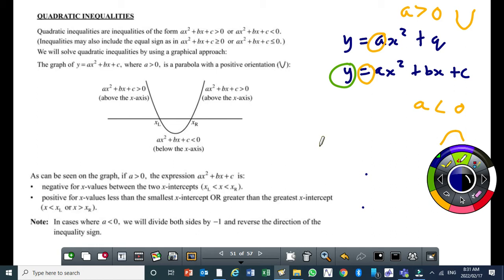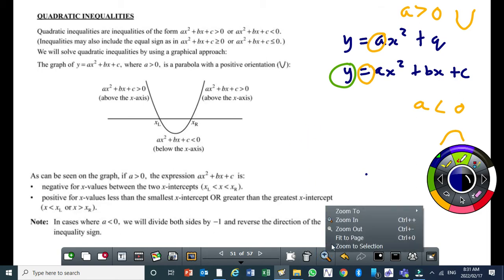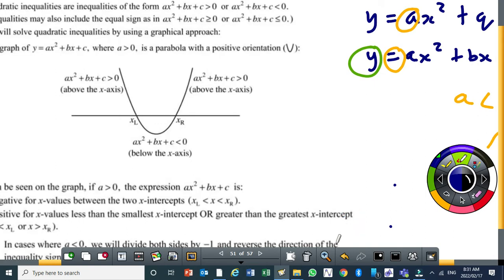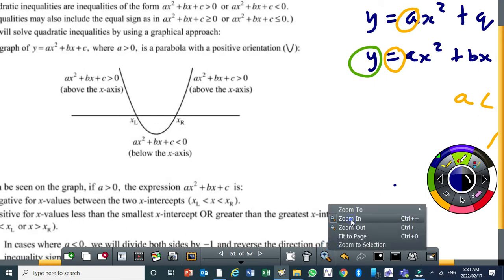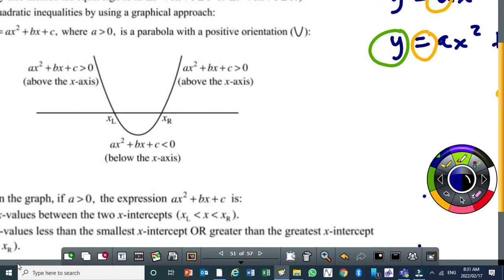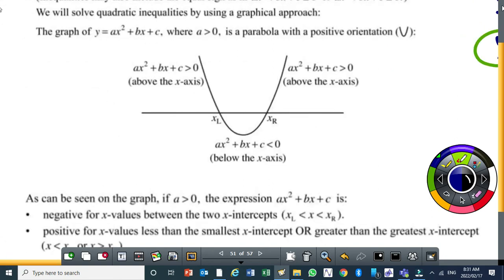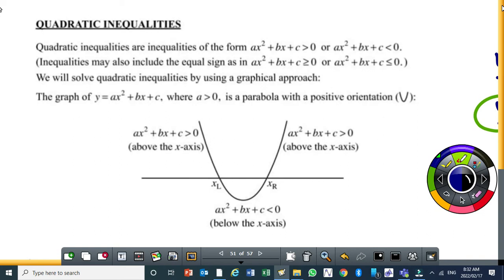Okay, give me a second. All right. Okay. Whilst you're copying this, I just need to explain what's happening with regard to this graph here. All right.